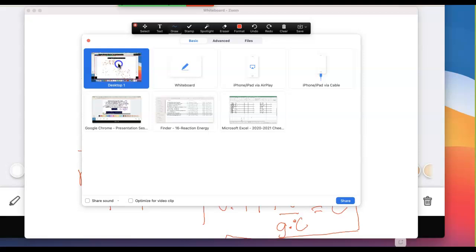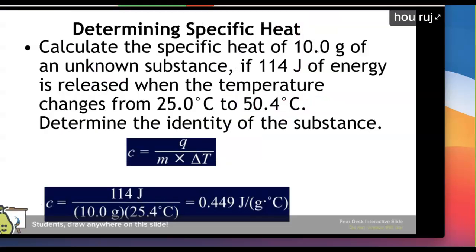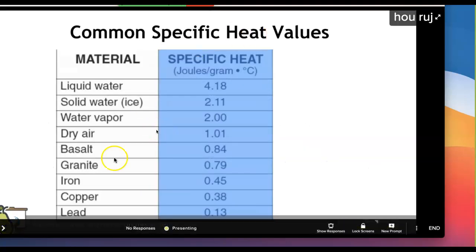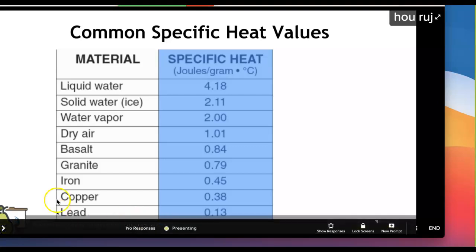Now, the question asks you to identify the substance. Well, you can't do this without a chart. I don't expect you to get a specific heat and be like, oh, I know who that is. So if I do ask you this on a quiz or a test or on a worksheet, I'm going to go back to my chart, and we're going to find the one that looks the closest to that number, which was 0.449. That is pretty close to iron, right?